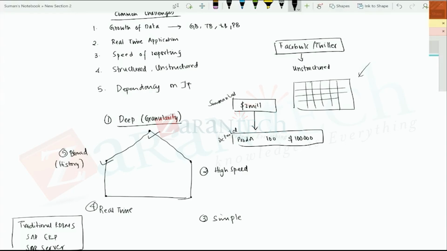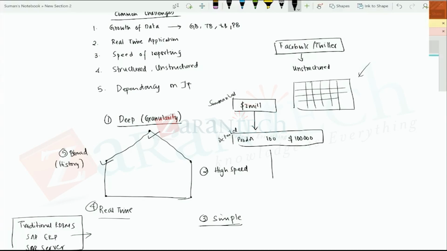That also was a given. They were not able to provide real-time information. Simplicity, it's not possible, right? Because the kind of complexity we have in the traditional system does not make it a simpler product. Can it provide high-speed data? No. So typically, the traditional world of SAP or non-SAP systems gave you granularity and could hold a large volume of information, but that's all it could provide.